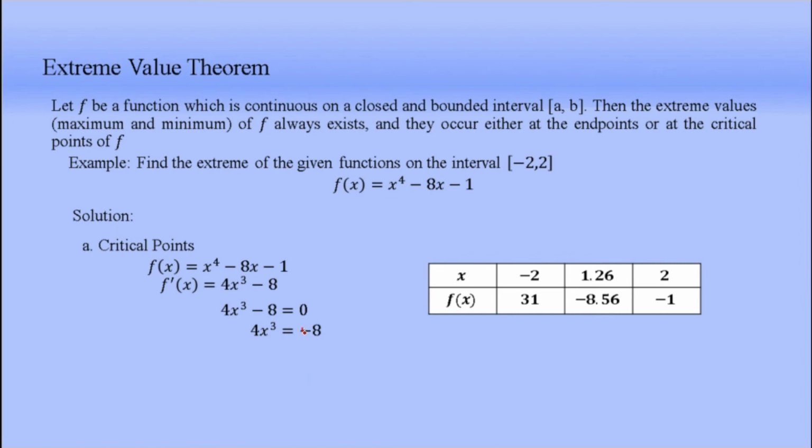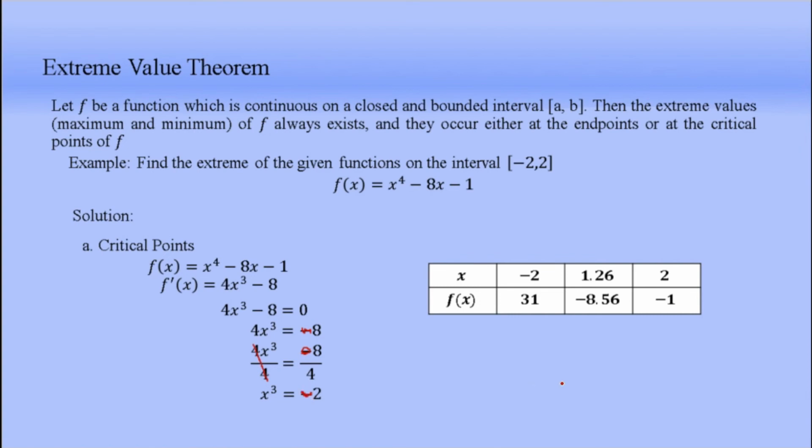And then we're going to divide by 4 on both sides to cancel the 4, and so we're going to find the x value. So +8 divided by +4 is 2. So x cubed equals +2.